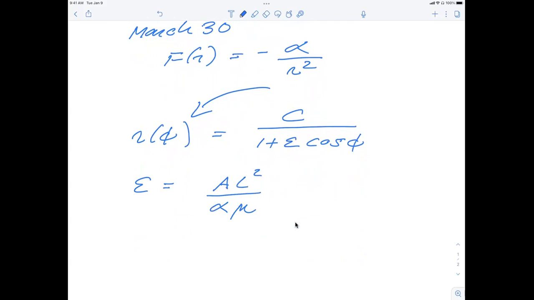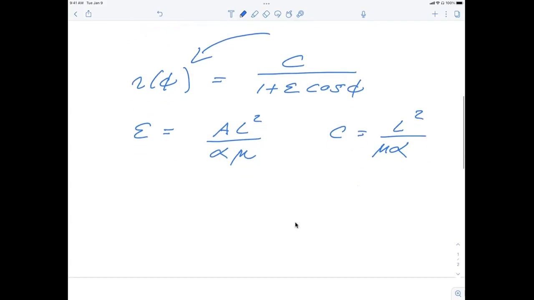So the C is given by L squared. These are the physical parameters of the system you're looking at. And alpha, in our case, if we look at the gravitational force, contains the gravitational constant and the masses of the two objects which are interacting. So C is something which contains the physical parameters of the system you're looking at.